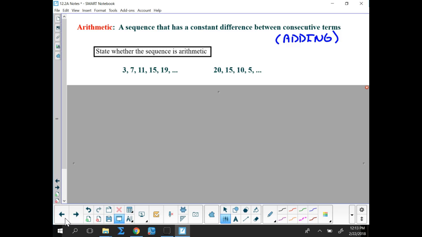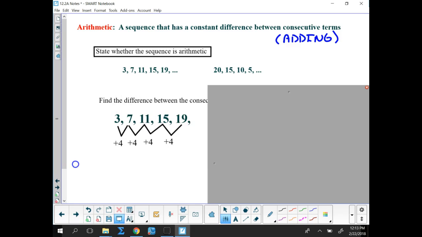First one, is it arithmetic? Why, yes. So you're adding 4 every time. Okay, do we all agree? Adding 4 in between each and every one. Yes, so that would be arithmetic. Okay? What about the second one? Yes or no? Why yes? Because you're adding -5.